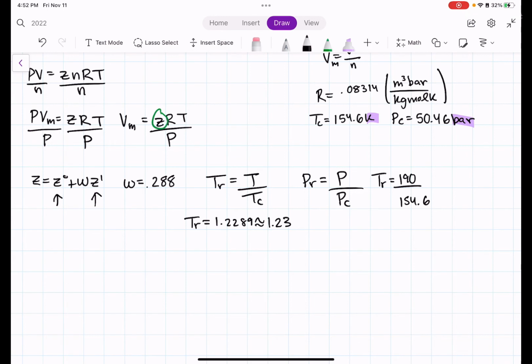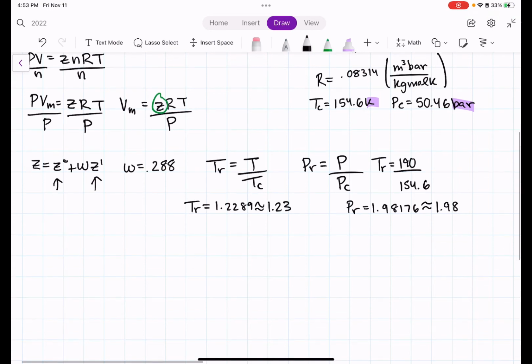It honestly just depends how nice your teacher is with rounding. And when you plug it into your calculator, you get that your PR value is 1.98176, but it's pretty close to 1.98. So I'm going to leave it as PR is 1.98 and my TR is 1.23.